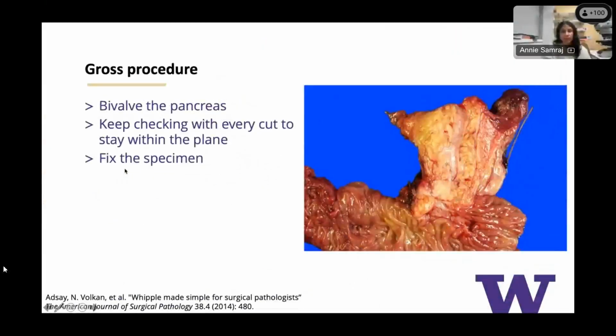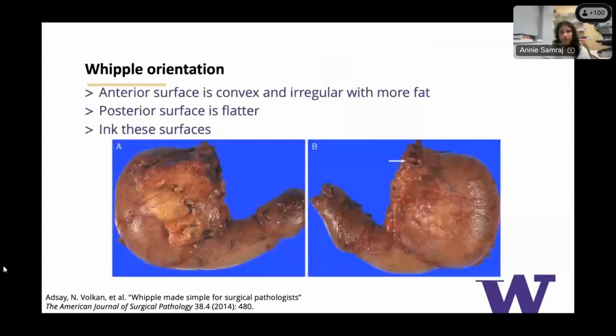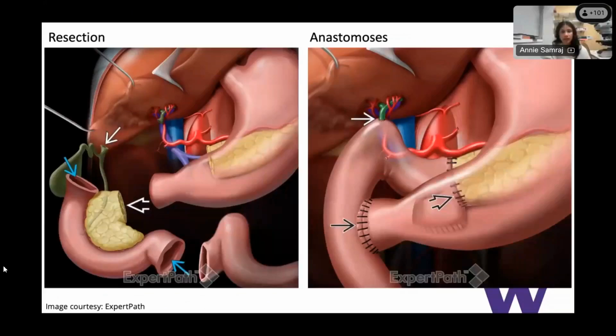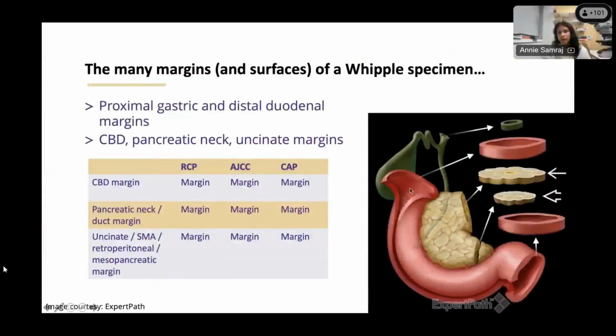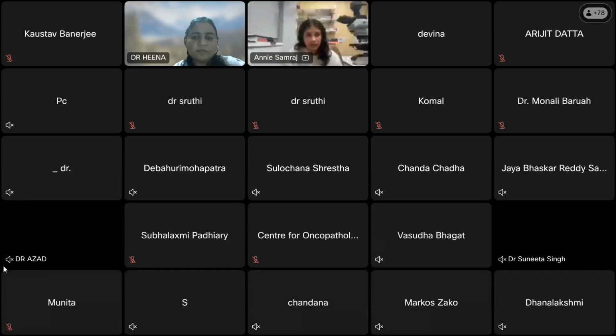If we go back to this anatomy slide, here we have the common bile duct and here we have our cystic duct. Sometimes it might be cut over here, or you might get another hepatic duct there. So it depends on where the surgeon has resected.